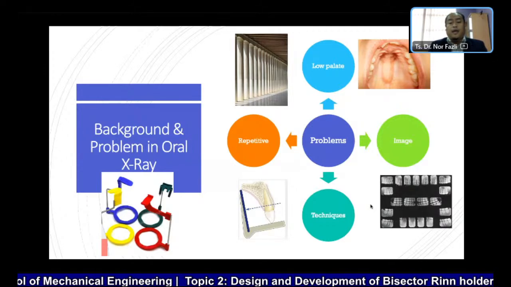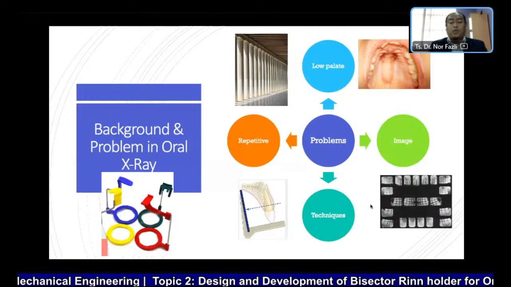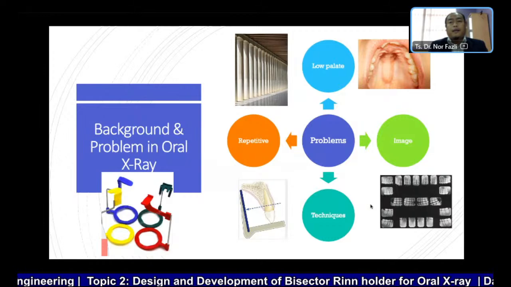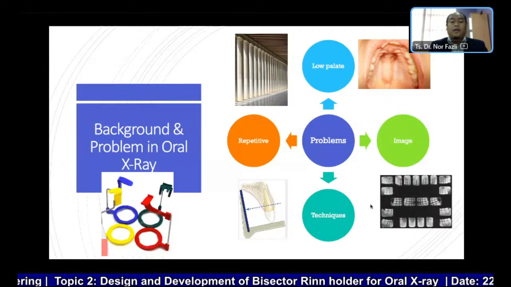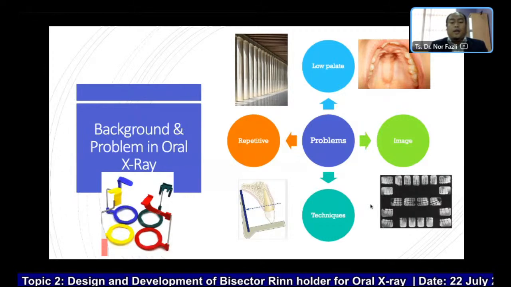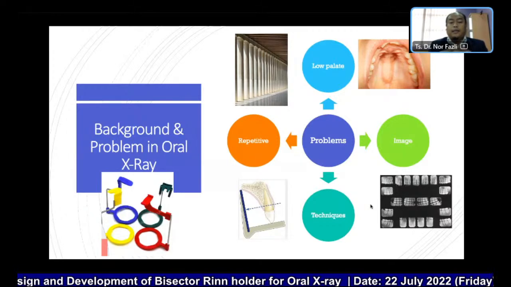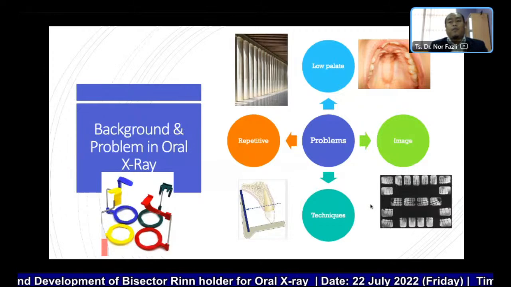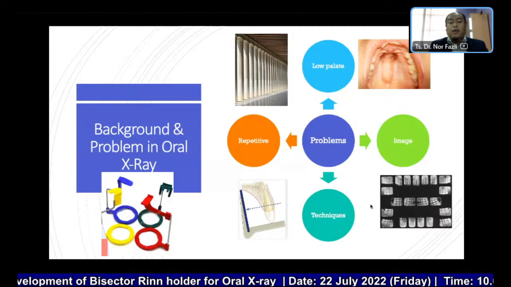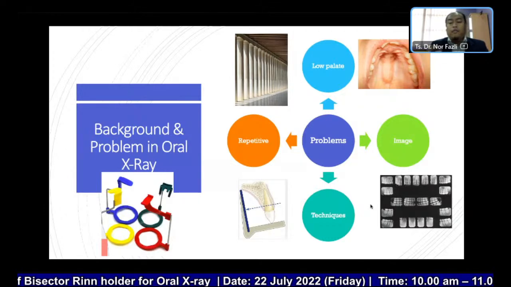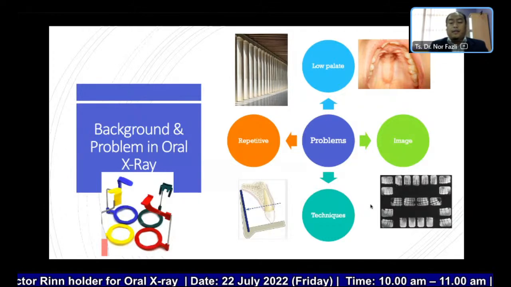In other problems, there are two techniques normally used in medical X-ray, the paralleling technique and the bisecting technique. The imaging work sometimes is repetitive, meaning the X-ray needs to be taken a few times.